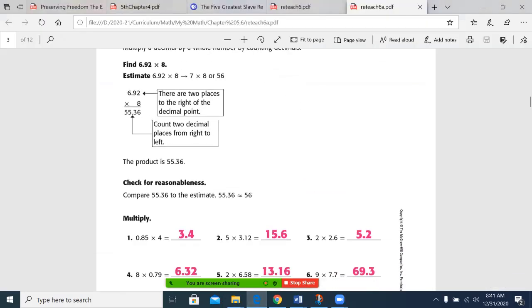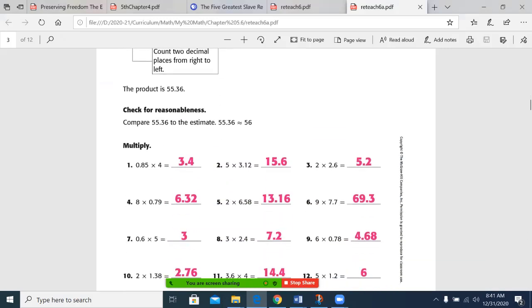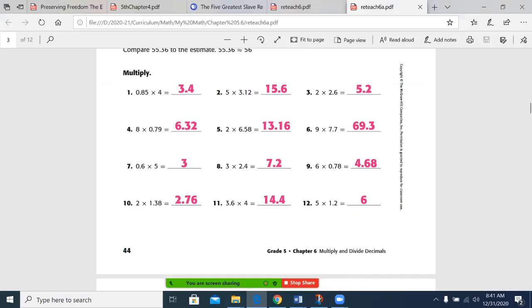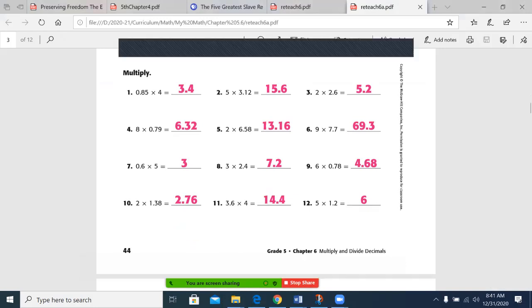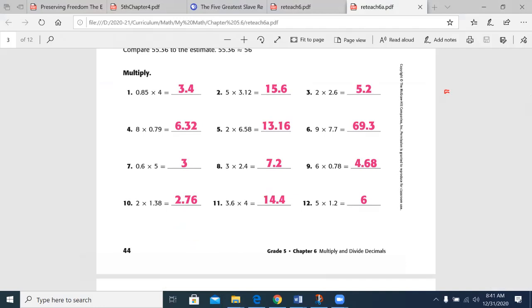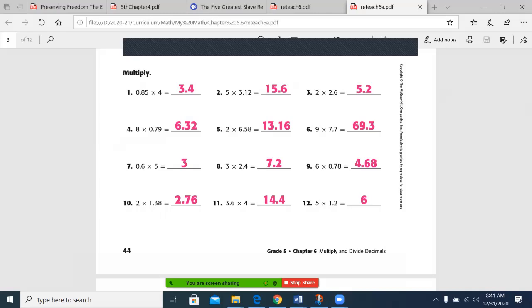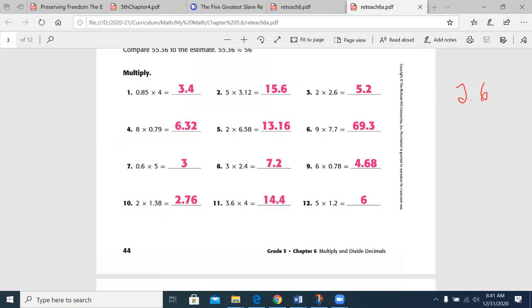So let's look at our answers from our previous session. You are expected to do problems numbers 3, 4, 5, and 6. Because we are multiplying by decimals here, like 2.6 times 2, you're not so much worried about lining up the decimals.